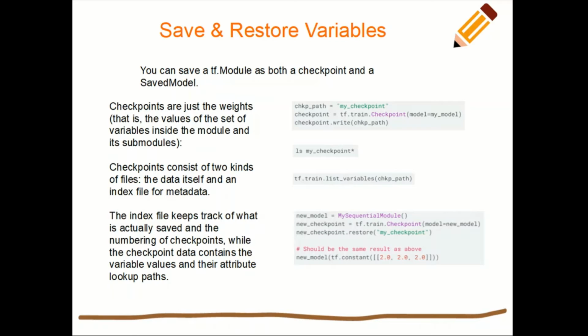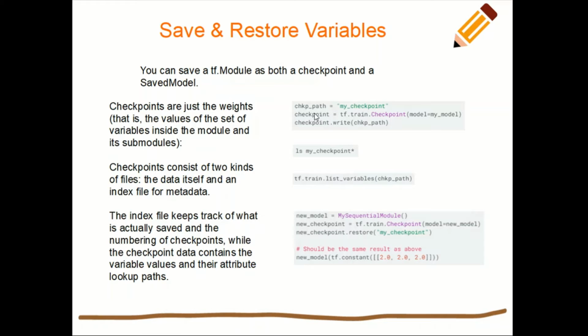Okay, so let's discuss a little bit of the code here. We are discussing the first option, that is creating a checkpoint. Just saving the weights is called a checkpoint. What we have to do is declare a path where we want to save, and then create a checkpoint from our model.